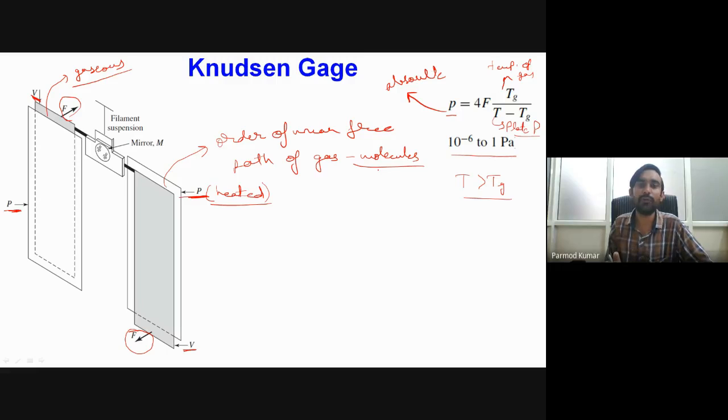So when we go for the measurement of very low pressures, the mean free path of the gas molecules increases, which makes it impossible to use this type of gauge for very low pressure measurement. However, this is a very accurate method of pressure measurement, and many times it is used for calibration of other types of pressure measurement devices also.